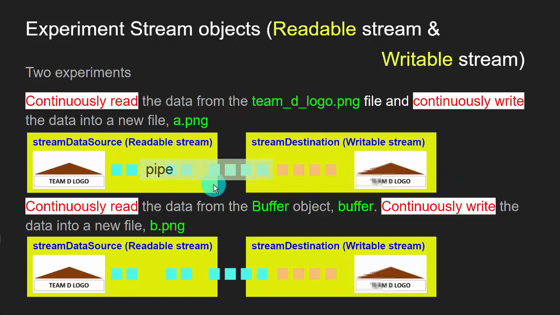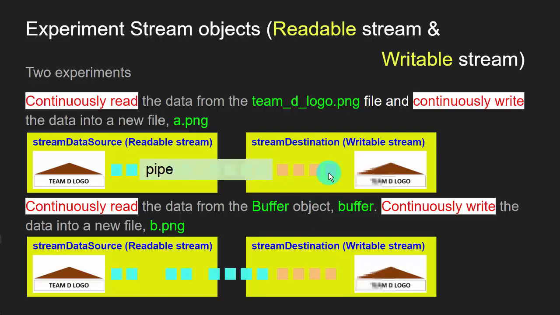The pipe method belongs to the readable type stream object. By calling the pipe method, you are telling the readable type stream object to begin continuously reading digital data content from the source and sequentially transmit the data to the writable type stream object.